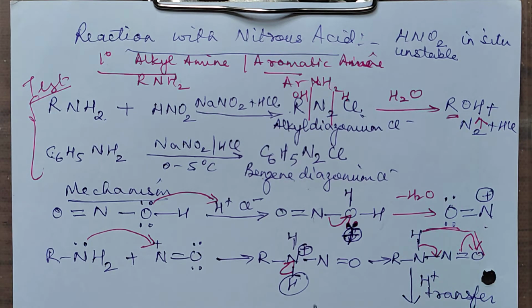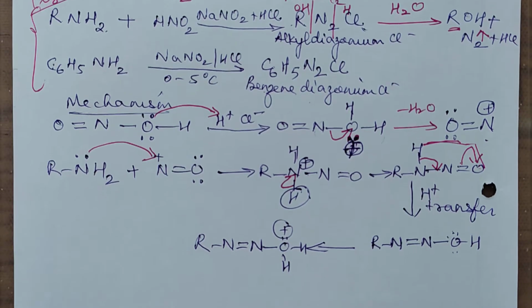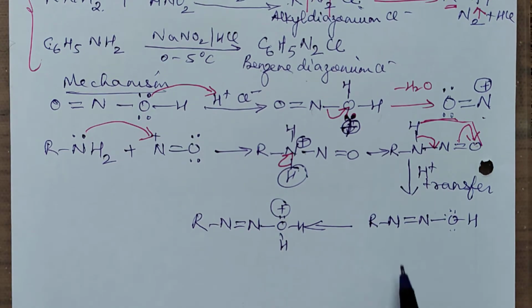So in the next step, this H from here will come and get attached. So what you will have is R, N, double bond, N, this O. Now I think you are getting what is happening. Oh, sorry, this was here. I think you can just check it. I missed out.